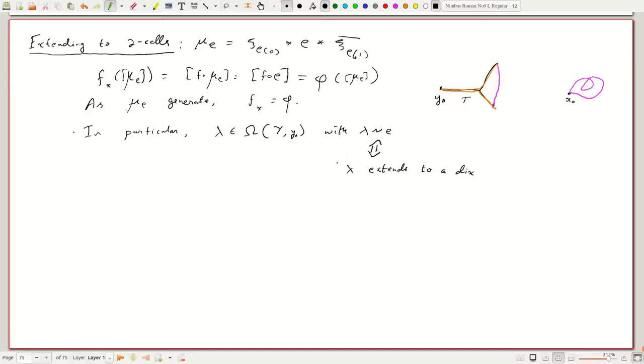Here I'm looking at lambda as a map from the circle S1 with base point 1 to y0. So if lambda as a map extends to a disk, which means this is equivalent to E, this implies that f composed with lambda is equivalent to E, a different E, which implies that f composed with lambda extends to a disk.